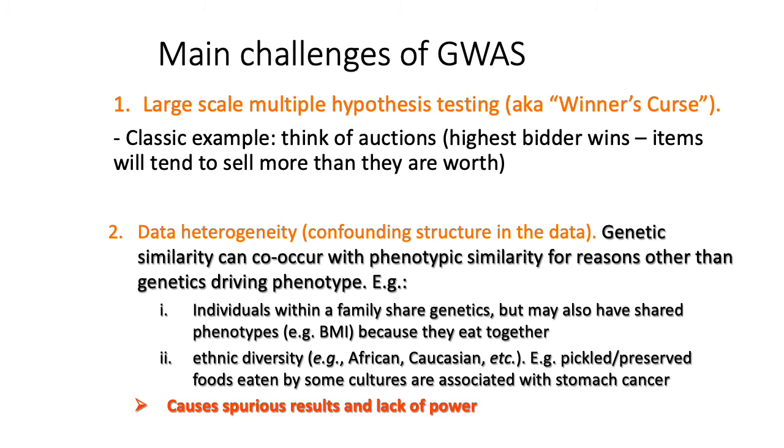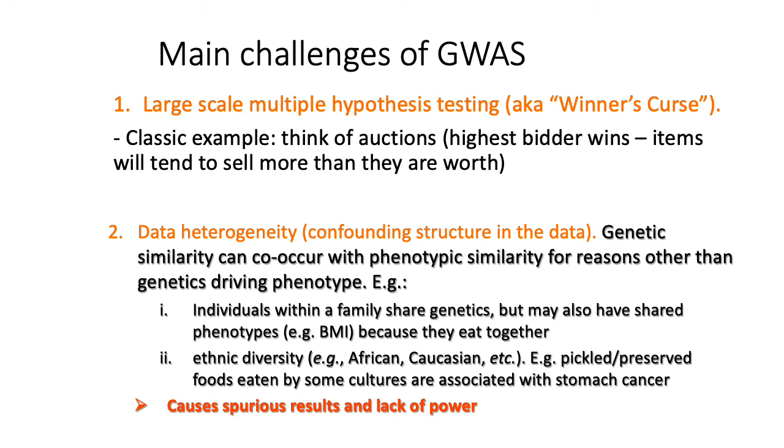So the problem you have is that if you do this naive genetic study where you don't consider ethnicity, then if you're living in Davis, your controls would be overrepresented in, say, European individuals, but your cases might be, for example, overrepresented in Asian individuals.